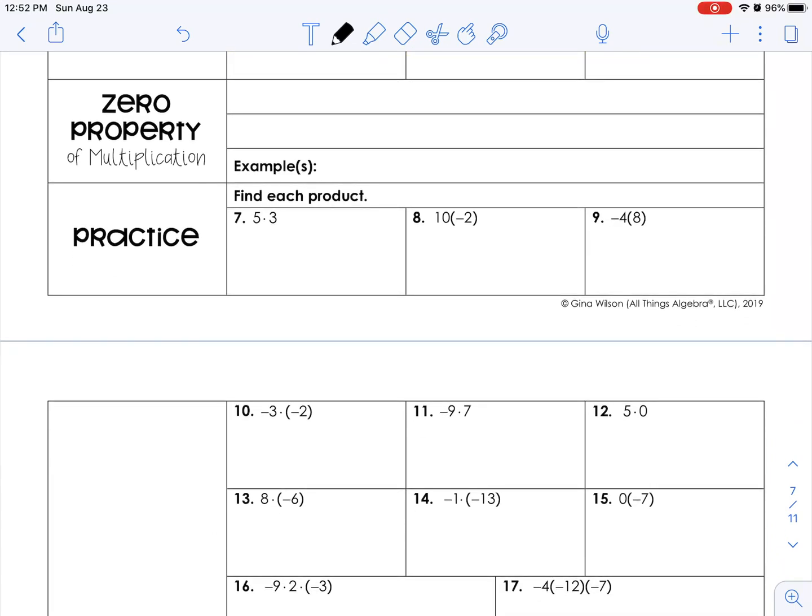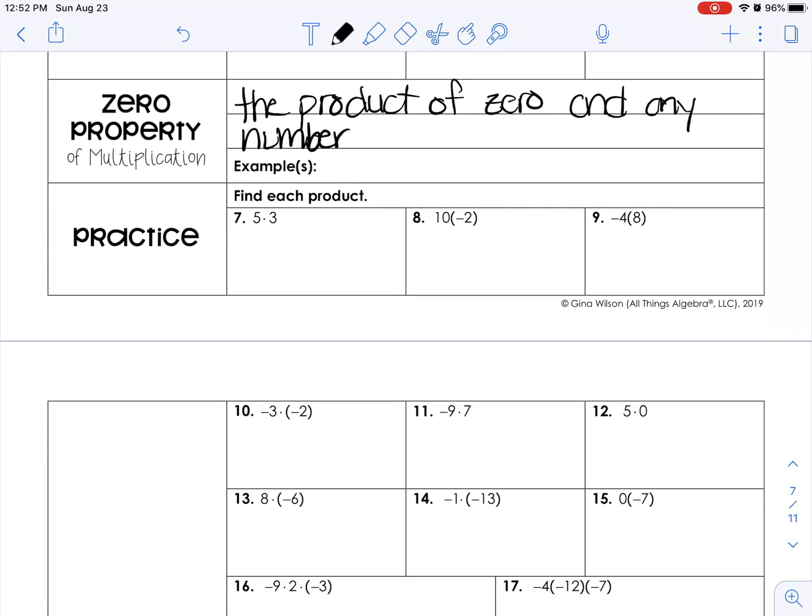When multiplying, you want to consider your zero property of multiplication, and all this states is that the product of 0 and any number is 0.